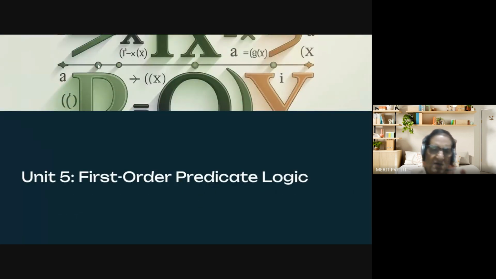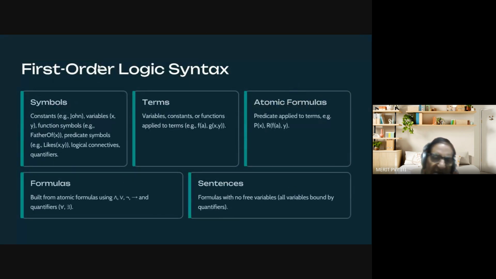Okay, so now first we start predicate logic, we'll do that. This is simple from the calculus. That is, first order predicate logic is defined there. So that is symbol: constant, for example, John; variable x, y; function symbol, father of x; predicate symbol, for example, likes x, y; logical connectives; quantifiers.